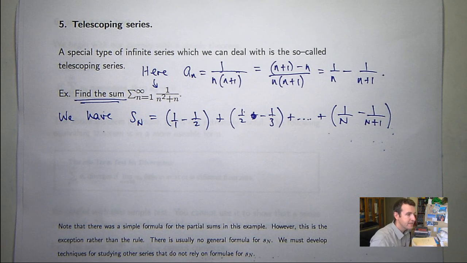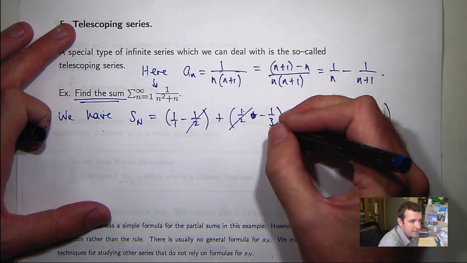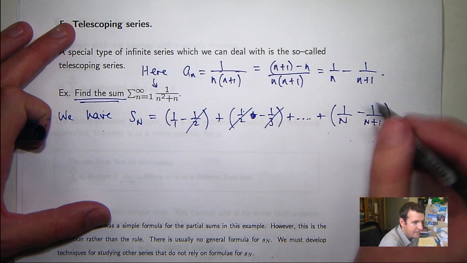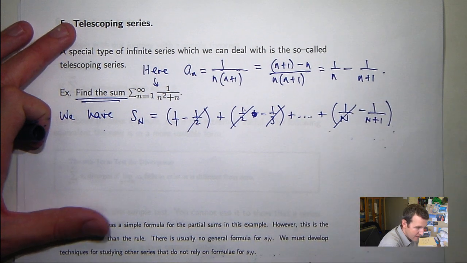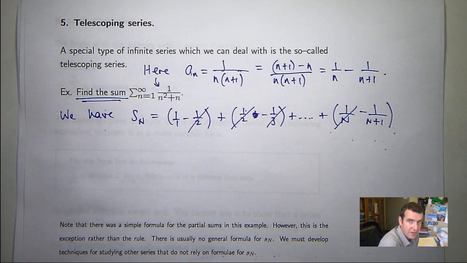Now, if you look in each bracket there, just look at the first two brackets. You can see that the minus a half in the first bracket and the positive 1/2 in the second bracket are going to cancel off. And the minus 1/3 in the second bracket is going to cancel with a positive 1/3 in the next bracket.